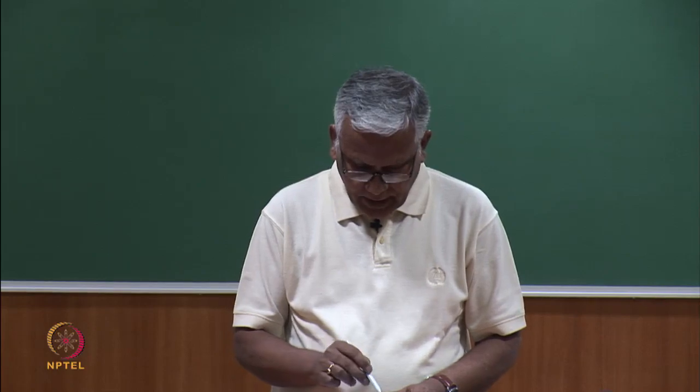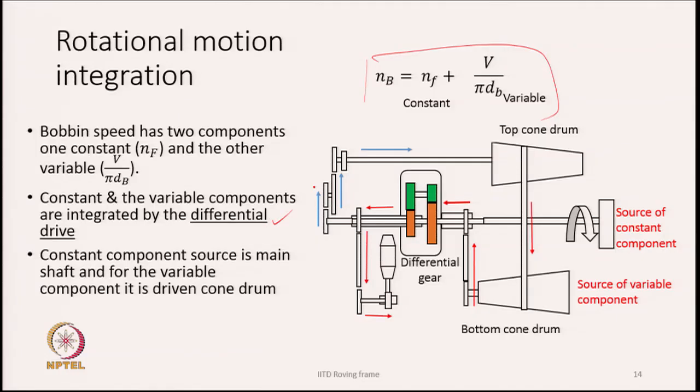The constant and the variable components are integrated by a differential drive. So, what we do is generate a constant speed and also a variable speed, and these two pieces are then integrated by a mechanism which we call a differential gear. The constant component source is the main shaft as shown in the diagram, and the variable component source is coming through the cone drums.